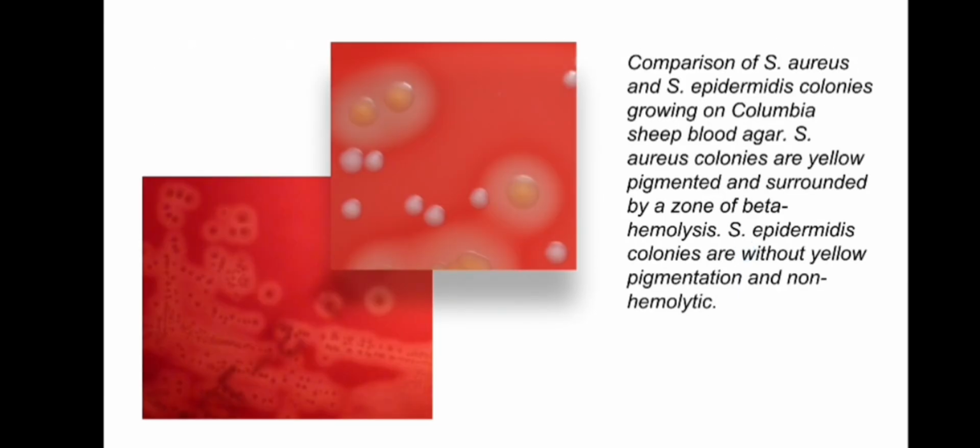So you can see here this is just a comparison of Staph aureus and, okay, this is a comparison. Just a moment. Okay, first you can observe the colonies here.